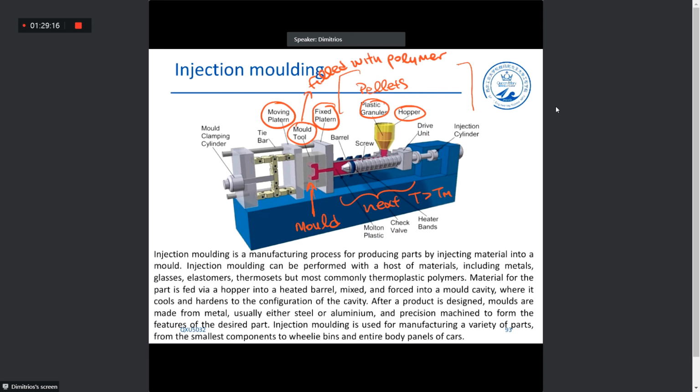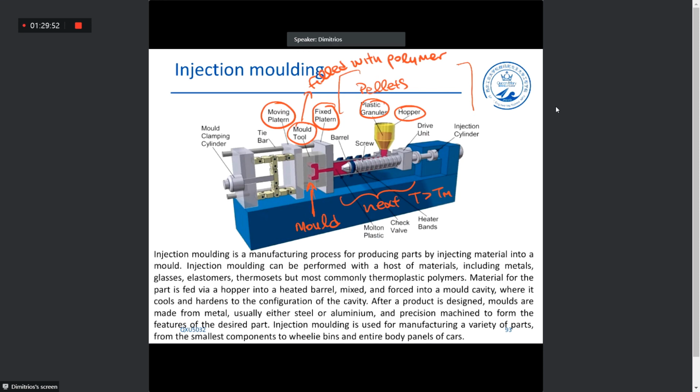The fabrication of complex molds is very expensive, and that is why industries usually try to fabricate as few molds as possible in order to maintain similarities in their product. Okay. Injection molding is used for a number of parts, from small components to wheel beams and entire body panels of cars. So it is used extensively for very significant types of polymers.